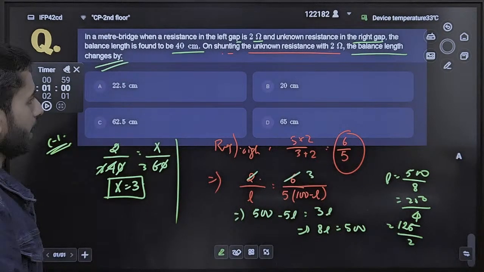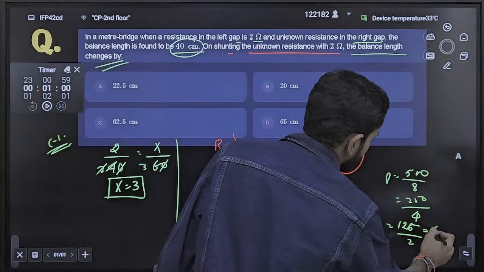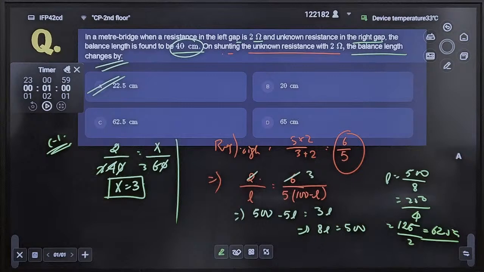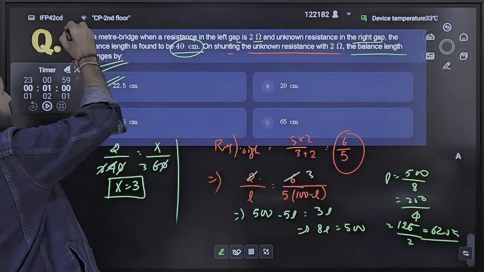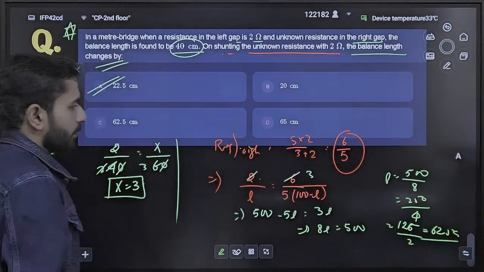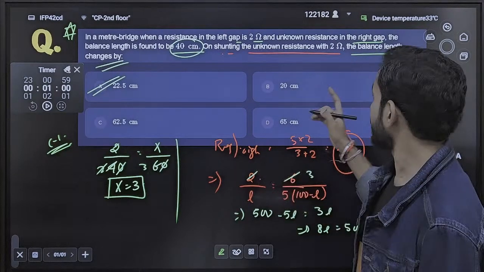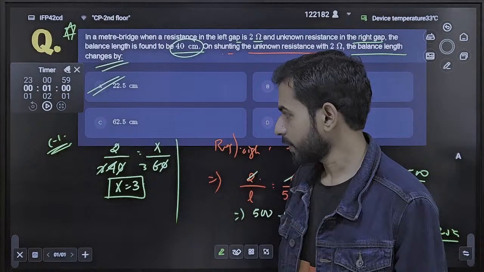The new balance length is how much? 62.5 centimeter. So how much has it changed? It has changed by 22.5 centimeter. So actually, option A will be correct. That is a very good question. Don't make this kind of mistake. The question was not asking you the balance length. They are asking you what is the change in the balance length. So it will be 22.5.